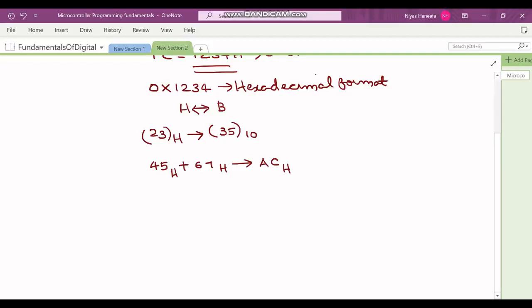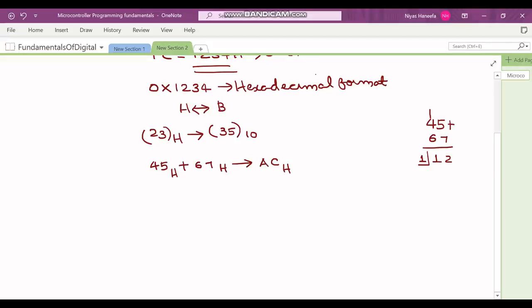If we are doing 45 plus 67 in decimal, how will we do it? 7 plus 5 is 12. That 12 symbol is not there in the decimal number system, so we will write 2 with a carry 1. So 4 plus 1 is 5, 5 plus 6 is 11. So we will write 1 in the lowermost position with a carry 1. That is how we will get 112.